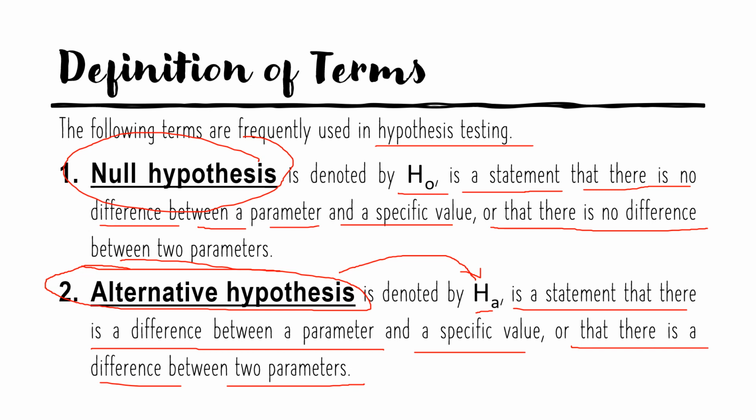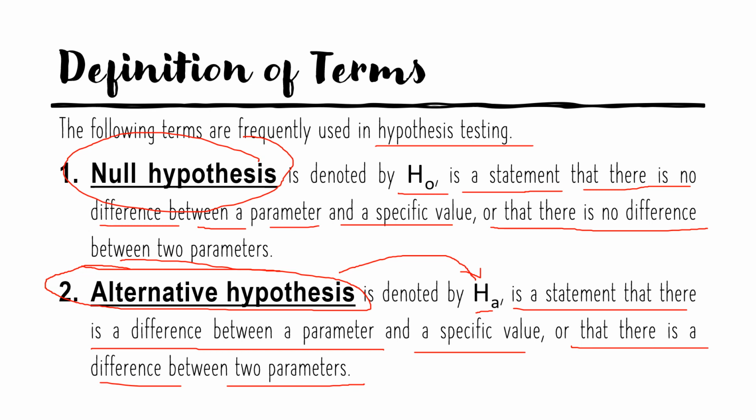So somehow, the alternative hypothesis is totally the opposite of your null hypothesis. For example, as long as your statement or your claim does not show an equality between your parameter and a specific value, that will be your alternative hypothesis.